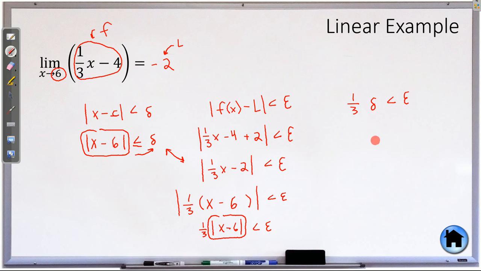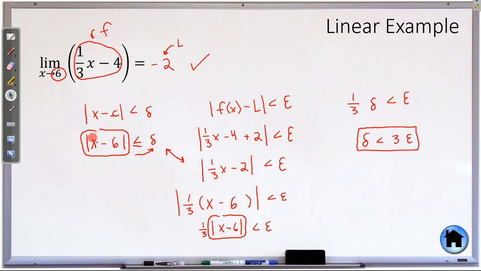And then I think I'll multiply by 3 so that delta must be less than 3 epsilon. Now I have related delta and epsilon. We now have a relationship. We have proved that this limit does in fact work. If the absolute value things, the inequality signs and my substitution is bothering you, come talk to me. I can give you a longer explanation as to why that actually does work.